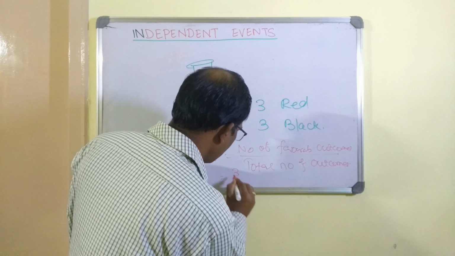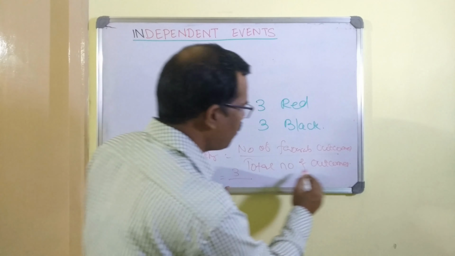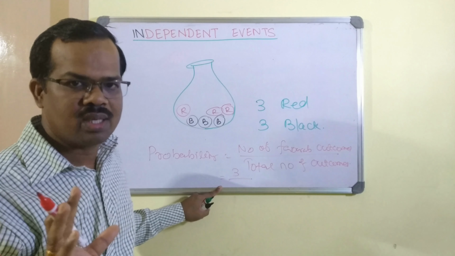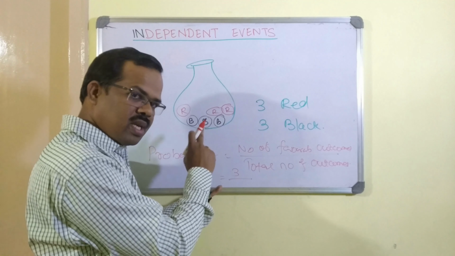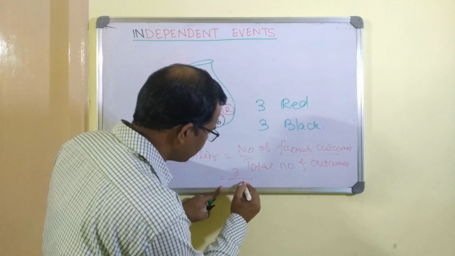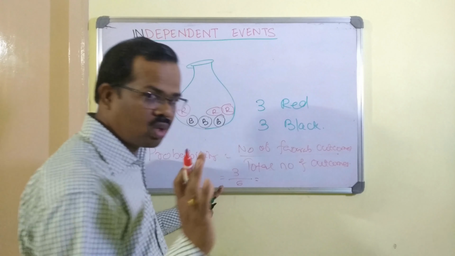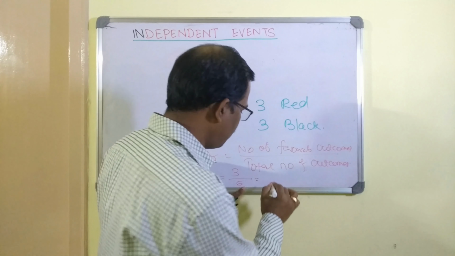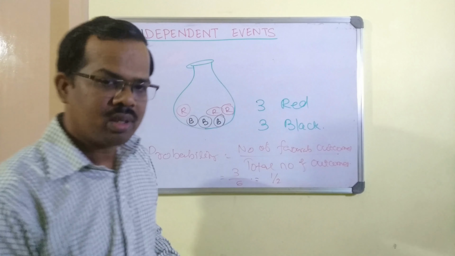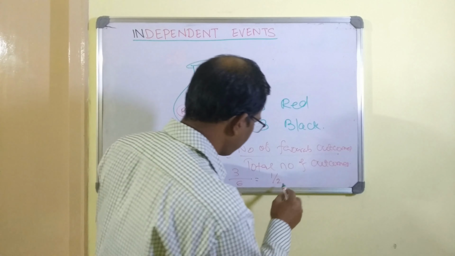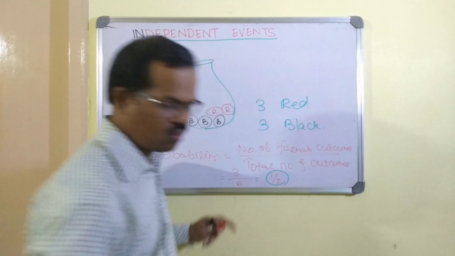So the numerator becomes 3, and what is the total number of outcomes? That could be 6. I could pick any of these 6 balls. So I have a total of 6 outcomes. So 3 by 6 will be my probability, right? Or simply it is 1 by 2, right?